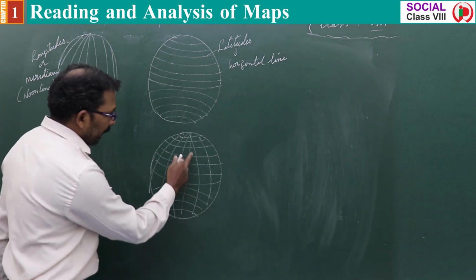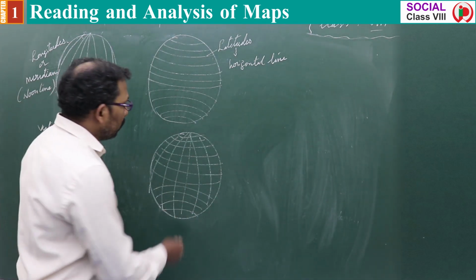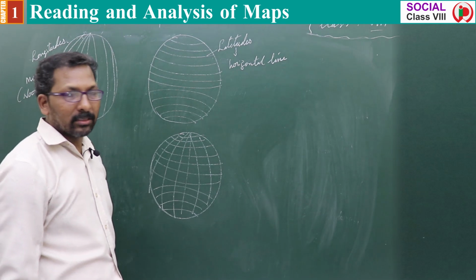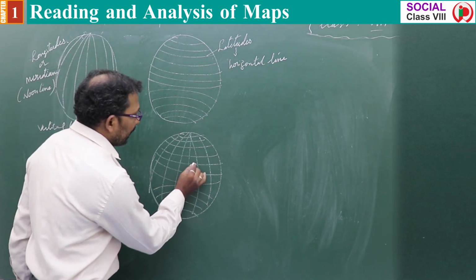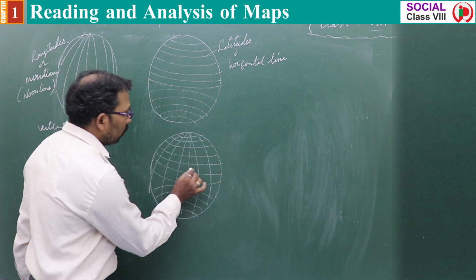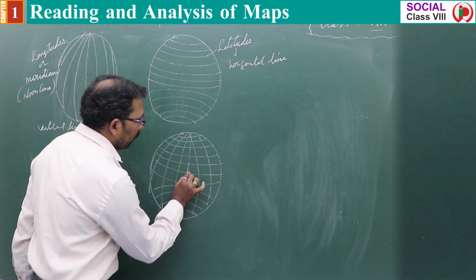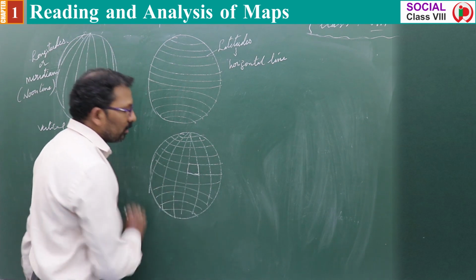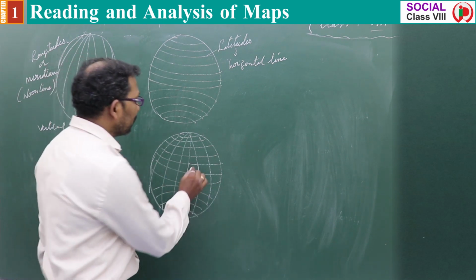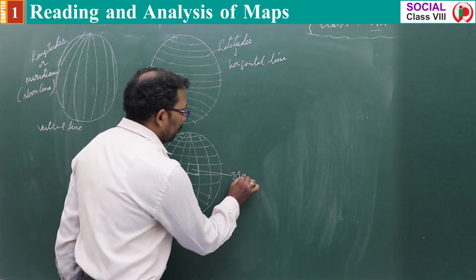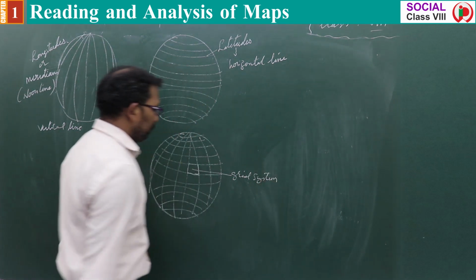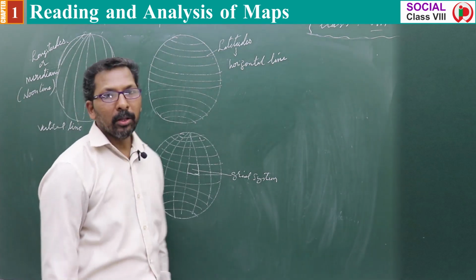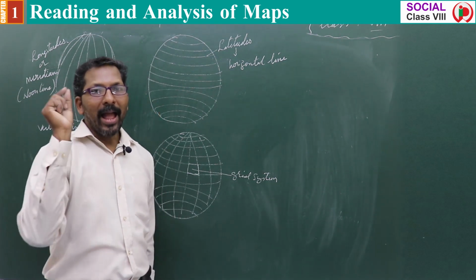With the help of these latitudes and longitudes, you are able to find out a place very easily. Now you want to find out India. How will you find India? Latitude and longitude. This latitude and longitude form a rectangular shape called a grid. They form a grid system. With the help of this grid system, you can find the place very accurately.